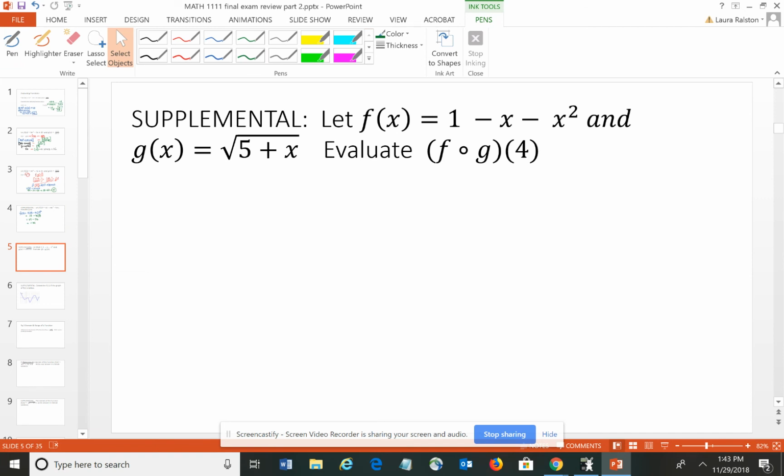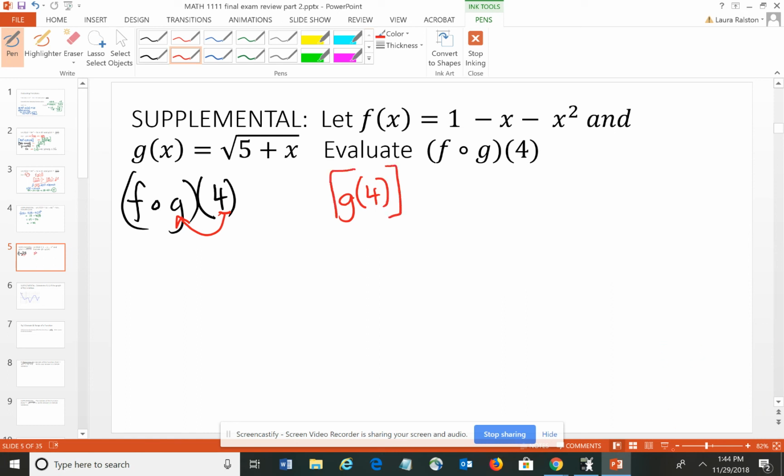Another supplemental question, again something similar to what you might see on the final exam. They give you function f and function g, and you're asked to find f composed with g at 4. Now here again, remember what that means. To do f composed with g at 4 means we're going to substitute 4 into function g, get an answer, and then substitute that answer into function f.